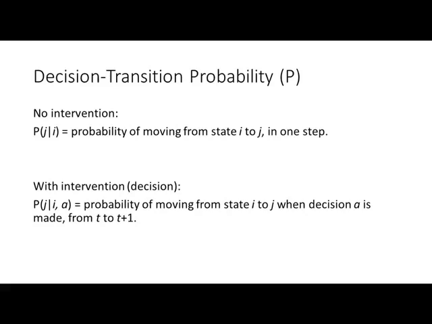If there is intervention, if we do make decisions, then the decision transition probability is defined by this. It represents the probability of moving from state I to J when decision A is made. Again, the time step is the same, from T to T plus 1. So this decision transition probability allows us to intervene in the system.